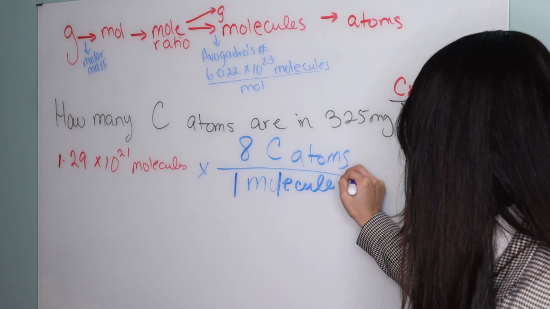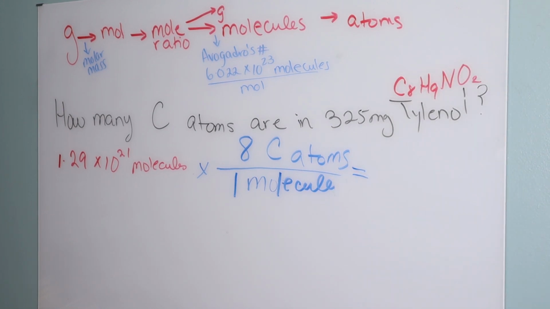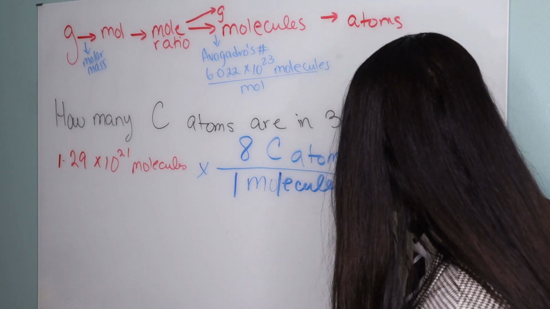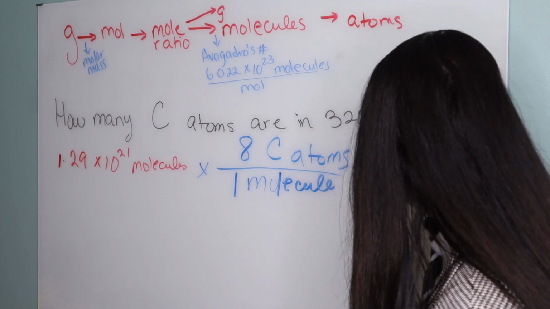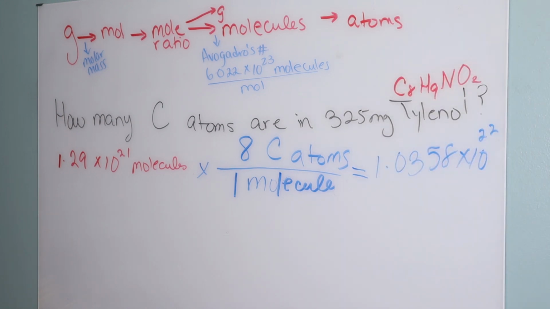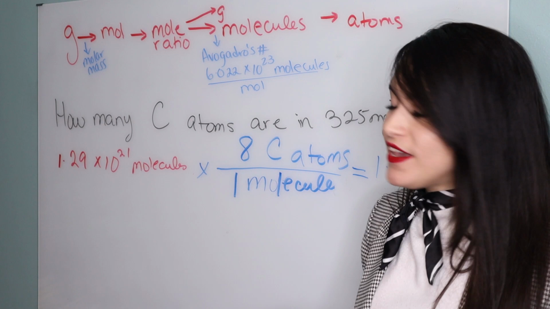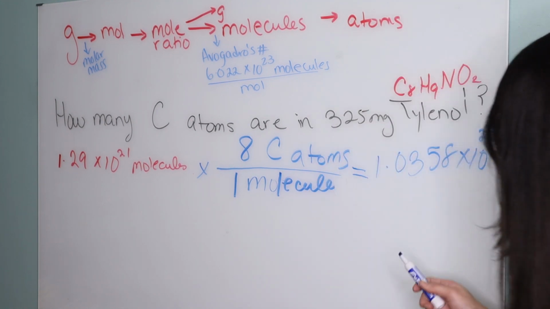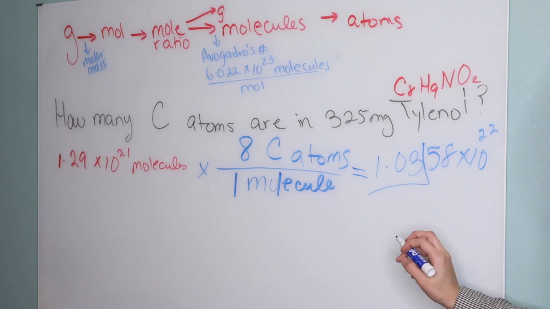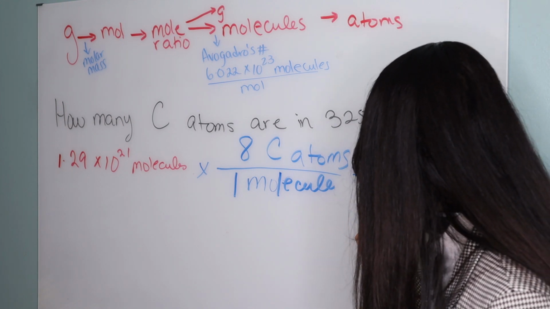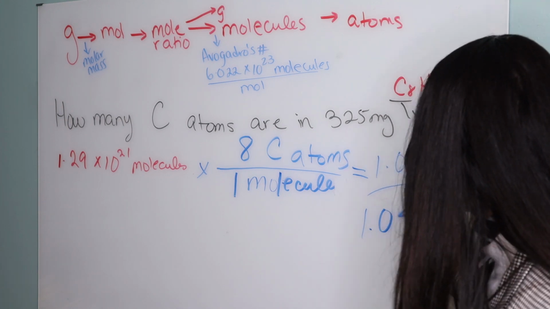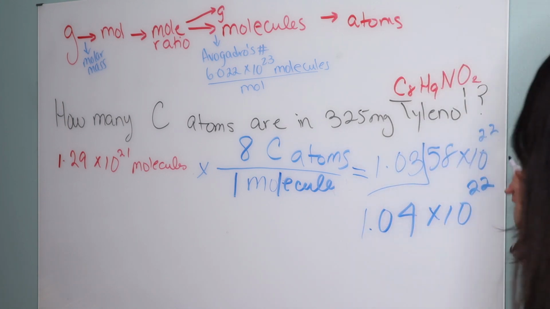You're going to plug this into your calculator, and your final answer is going to be 1.0358 times 10 to the 22. Now we're going to look at significant figures. We have 3, we have to have 3, so I'm stopping right here. Looking at this number, I'm going to have to round up. So my final answer is 1.04 times 10 to the 22.